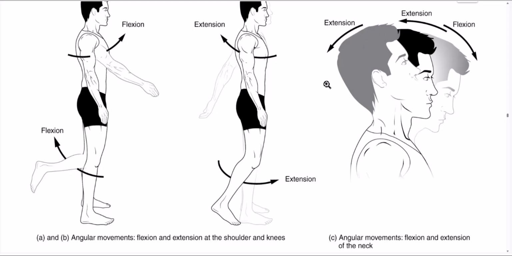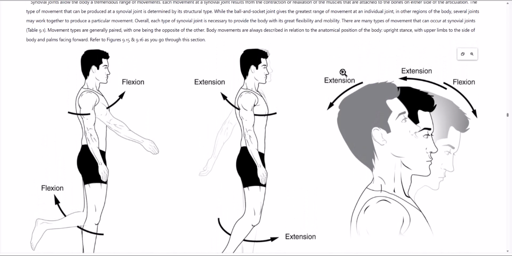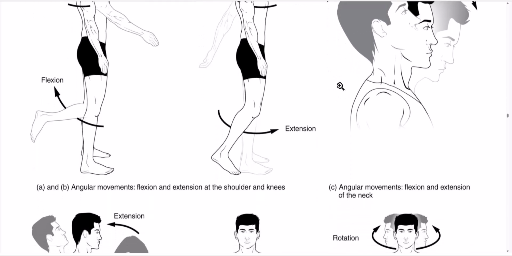When you look backwards, you're extending beyond the normal 180 degrees. And so this term right here, where I'm circling, should really read hyperextension. You are looking up and you are hyperextending the neck, and that is excessive extension, or extension beyond, right? Hyper, more extension, hyperextension.